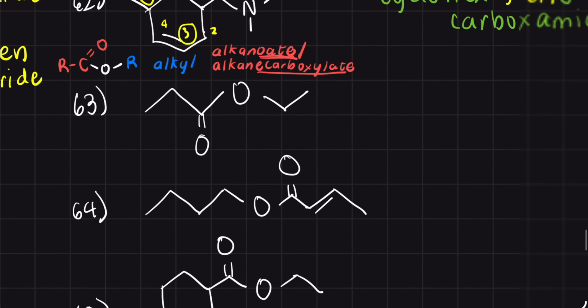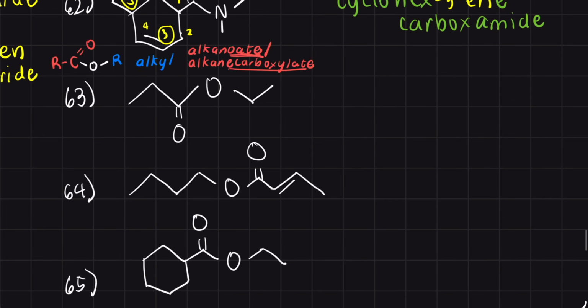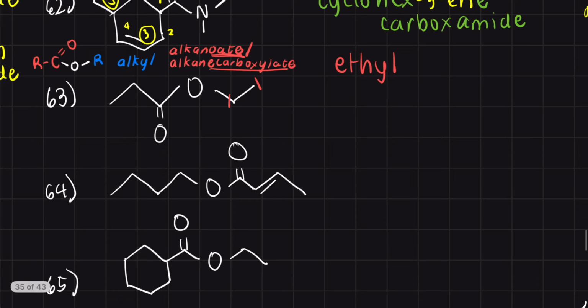Now let's apply that to our items here, starting with 63. So it seems here that this is the alkyl. So that's 2 carbons. So ethyl. And by the way, this is a legitimate space, so there should be space between those words. So ethyl space, and then this one. Oh, sorry.